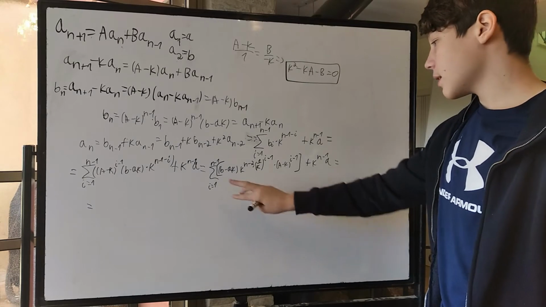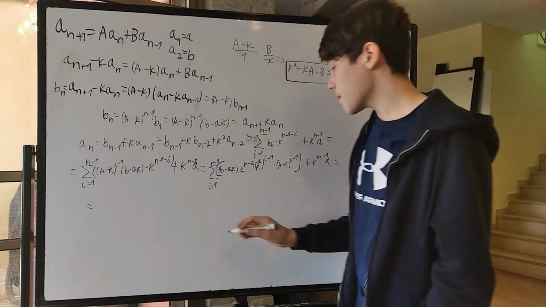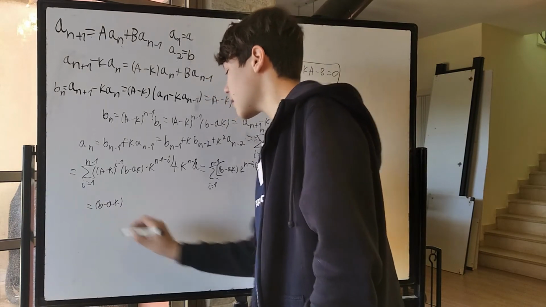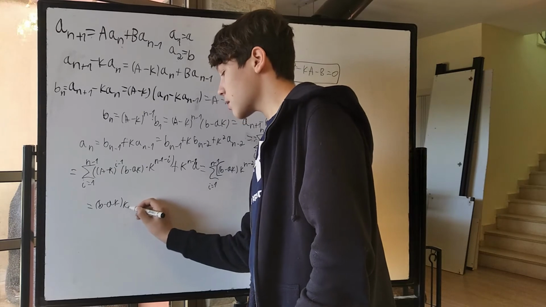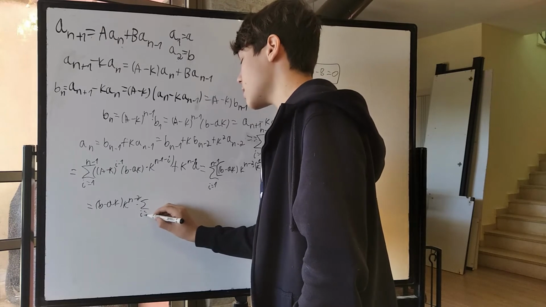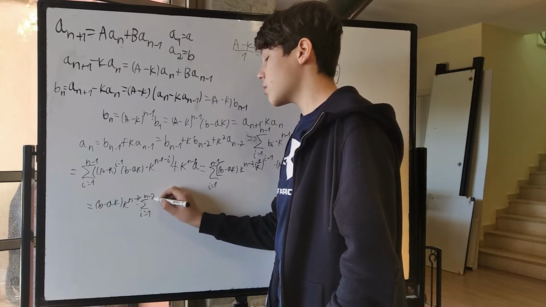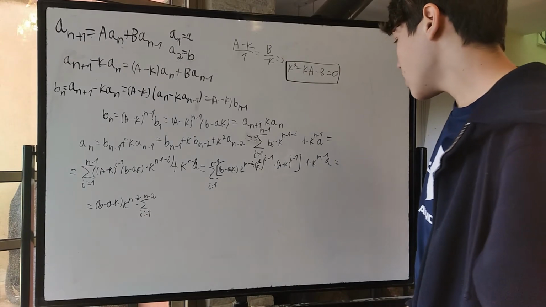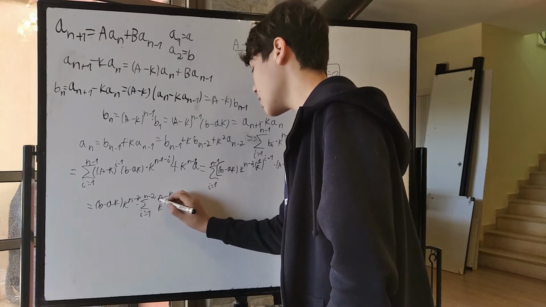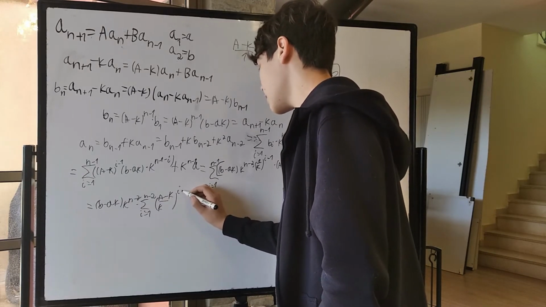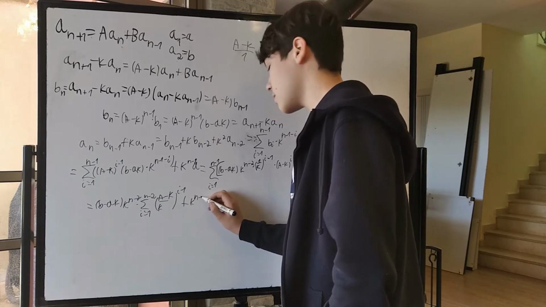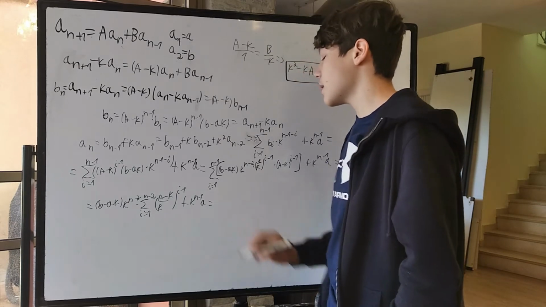Now, we'll take the constants out and put these together, and we'll get b minus ak times k to the n minus 2 times the sum as i goes from 1 to n minus 2 of a minus k over k to the i minus 1, plus k to the n minus 1 times a.